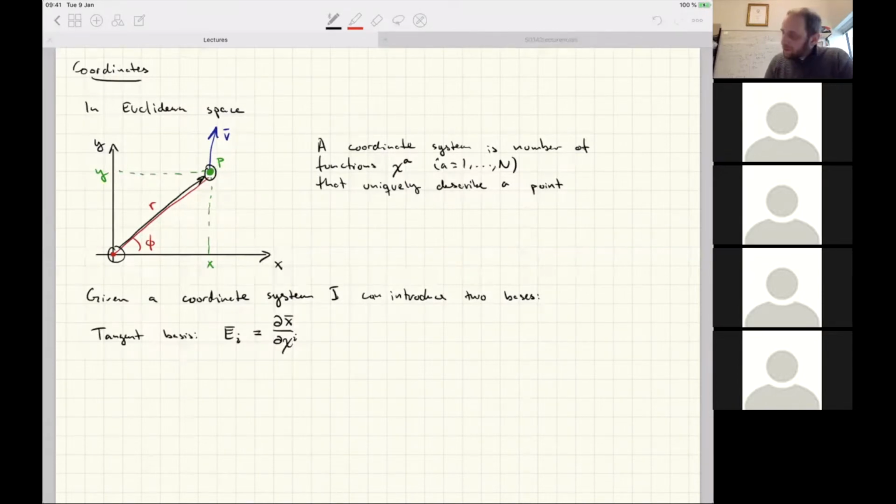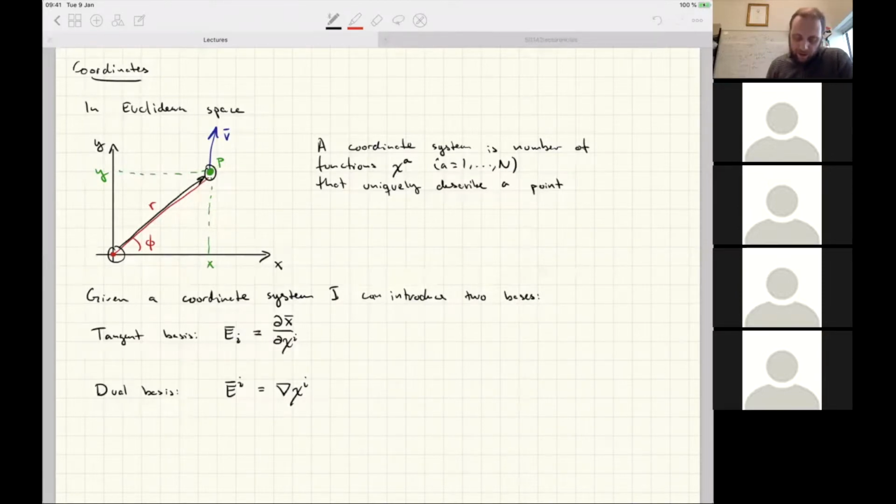The other basis that I will introduce is called the dual basis. And I'm going to write that with an index upstairs instead. And I define that as the gradient of the coordinate functions. So either of those bases form a complete basis at every point.